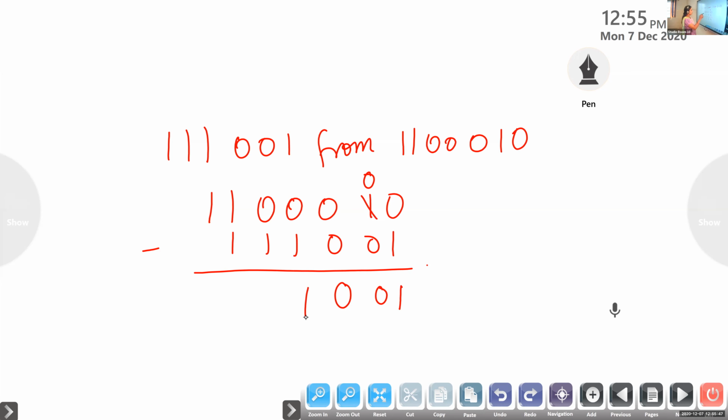So what happens with a borrow of 1? So here it will become 1. From here only you will borrow. Is it correct? Yes. So 1 minus 1, it will become 0. So now 0 again minus 0, minus 1. It will become 0.